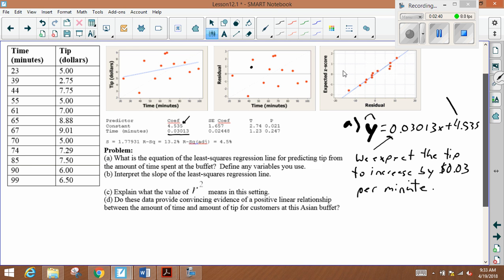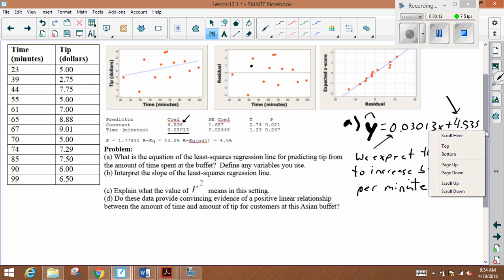And our y-intercept essentially tells us that if a person stays for 0 minutes, we would expect the tip to be $4.50, which is weird. That's strange. Sometimes the y-intercept doesn't really make sense. We interpreted the slope already.